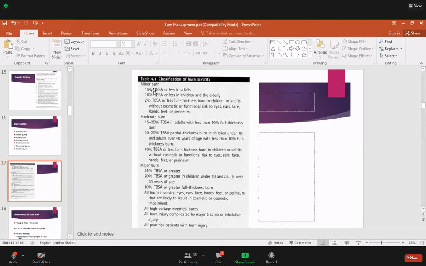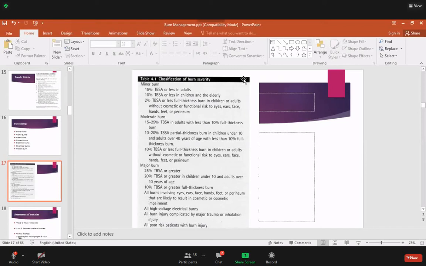So the minor burn is when the total body surface area burnt is about 15%. And in children or the elderly, the threshold is slightly lower, about 10%, or 2% body surface area burn or less but full thickness in children or adults, without cosmetic or functional risk to the eyes, ears, face, hands, feet, or perineum.